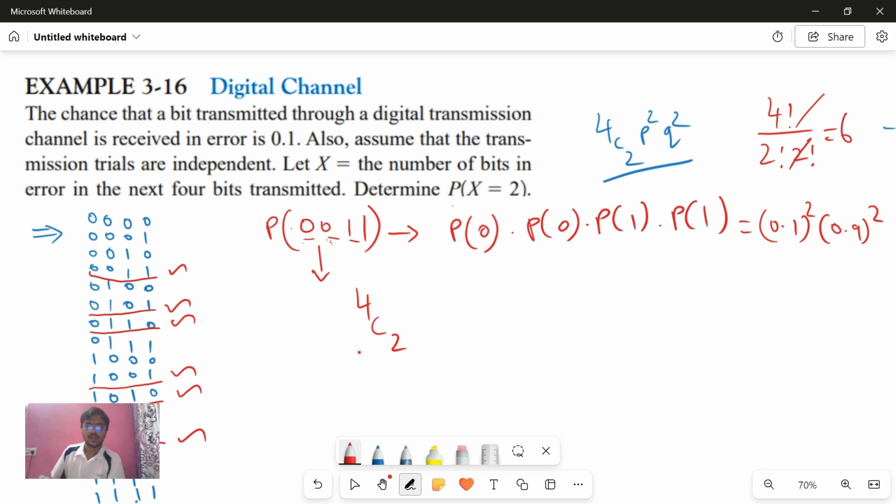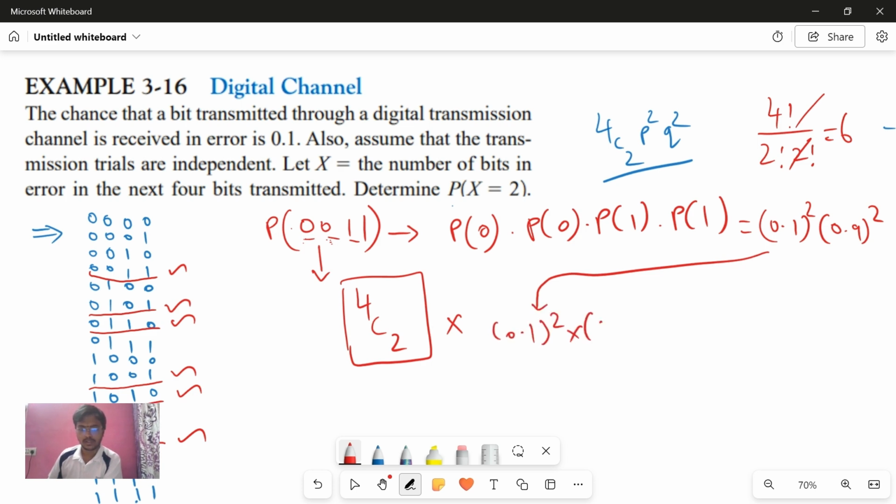If you simply arrange, you will get all the 16 combinations again, and that's not what you want. If you arrange this 0011, where only two zeros will be present, that case will result in 4C2, which is 6, into this probability, 0.1 square into 0.9 square.